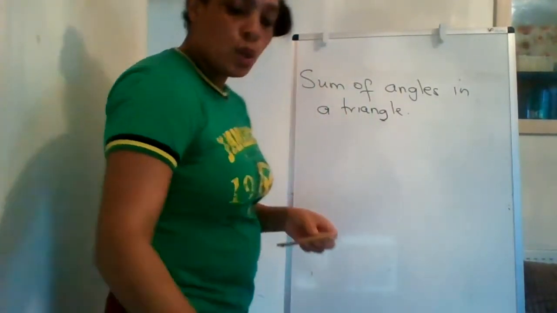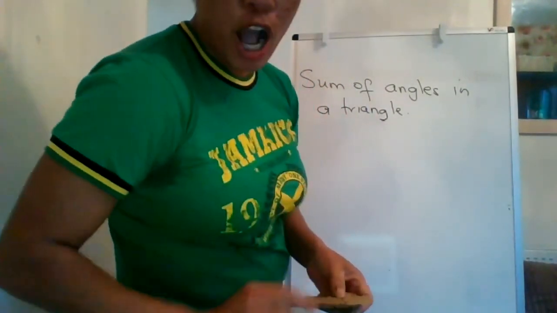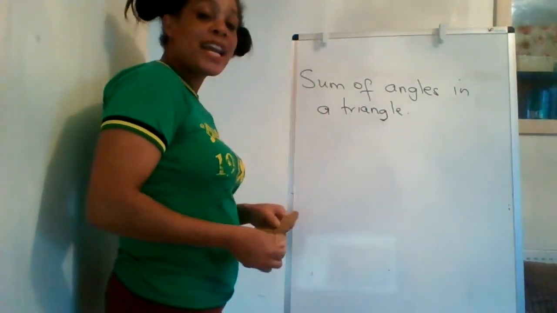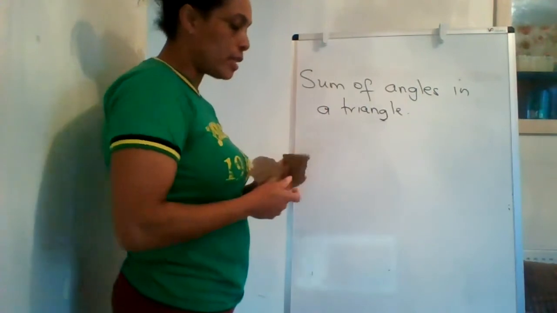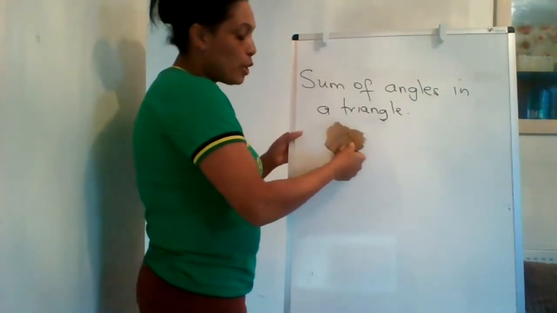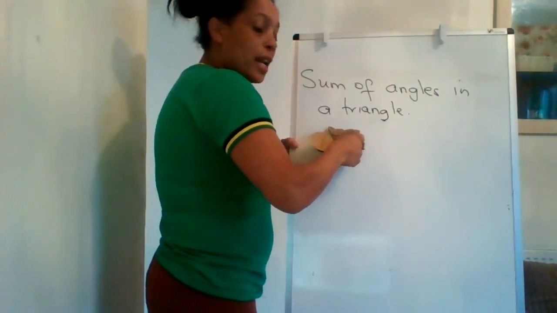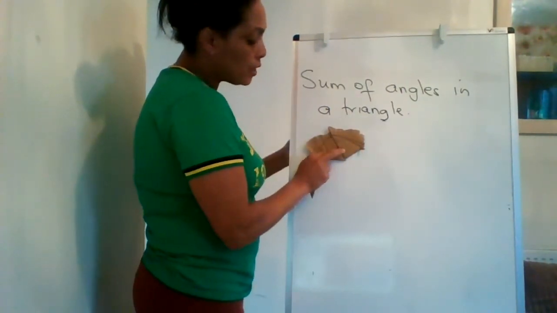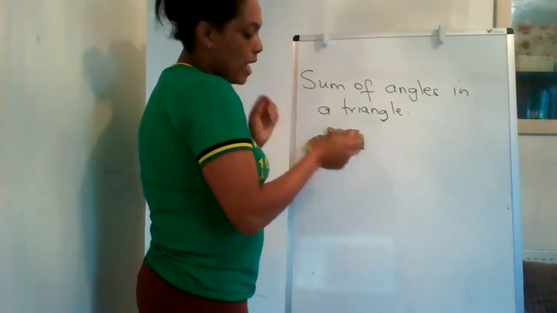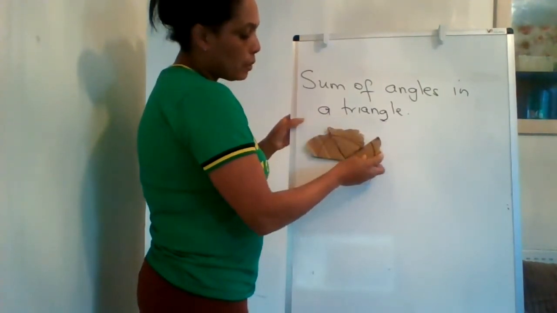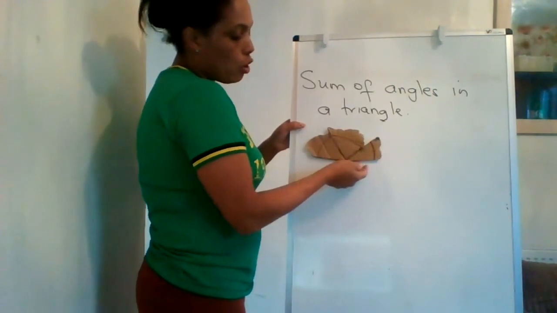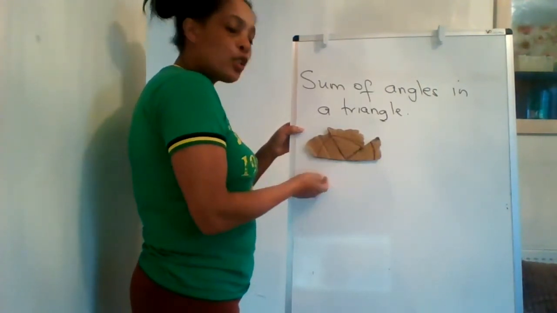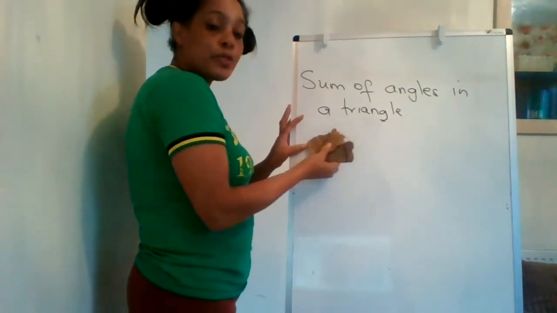We looked at how we come to that conclusion that angles in a triangle add up to 180 degrees. And we did a demonstration where we showed that if I have a triangle, I tear off all 3 angles, then I put the angles together. If I put the angles together, we will find out that the angles together form a straight line. So hence the angles in a triangle add up to 180 degrees.